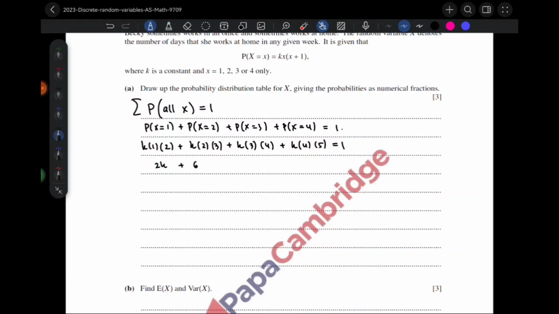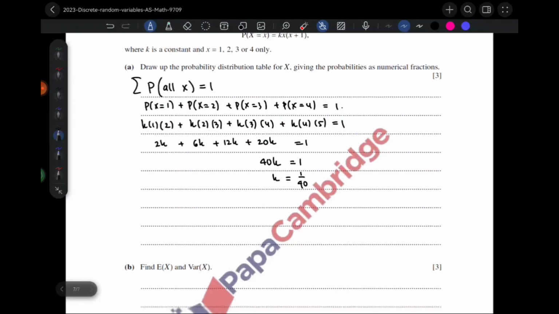I'm sorry, this is 6k. This is 12k. This is 20k equals 1. And then this is 8, this is 20 plus 20, we have 40k equals 1. That means k equals 1 over 40.